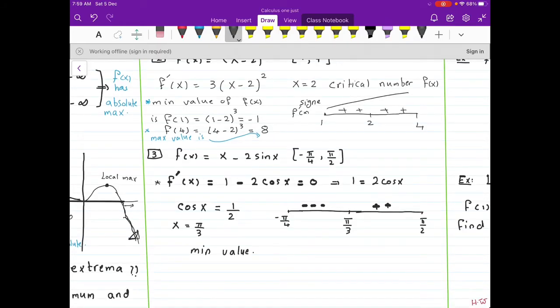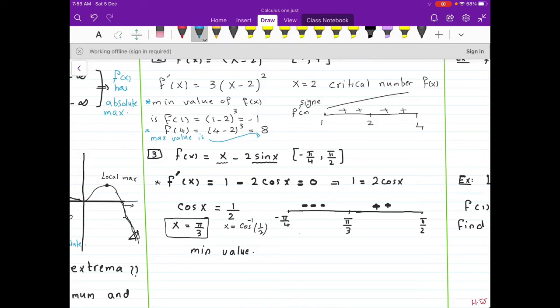To find them, take the derivative: f prime of x equals 1 minus 2 times the derivative of sine x, which is cosine x. To find the critical points, set it equal to 0, so 1 equals 2 cosine x, so cosine x equals 1/2. That means x equals cosine inverse of 1/2, so x equals pi over 3.